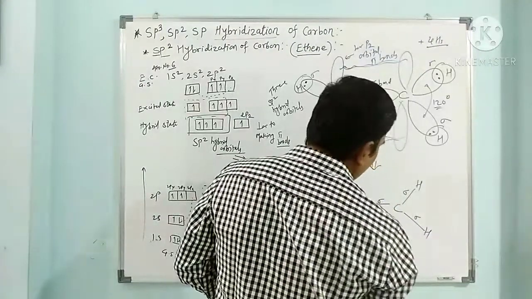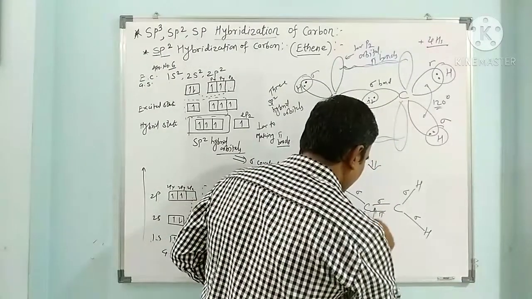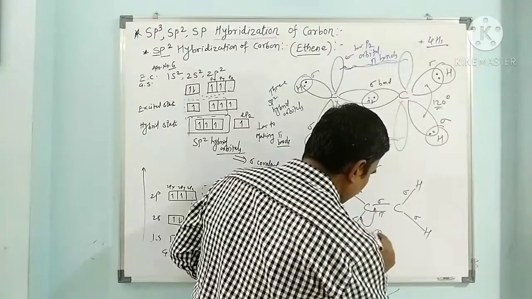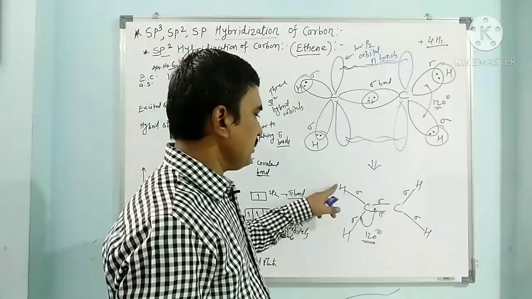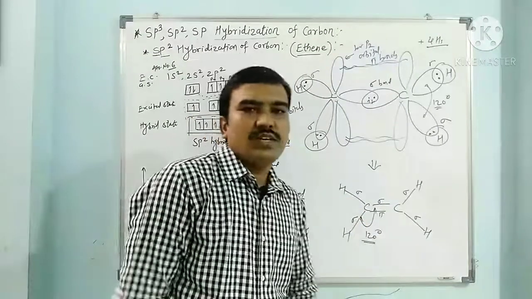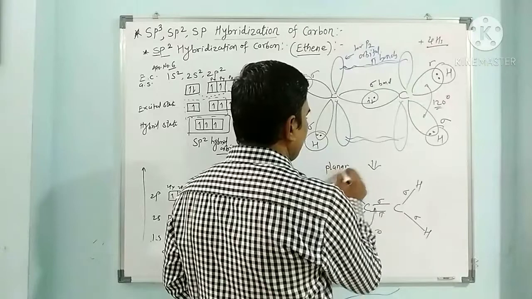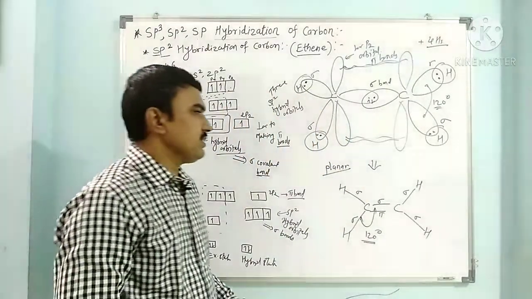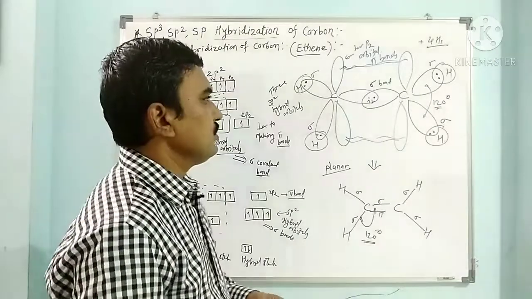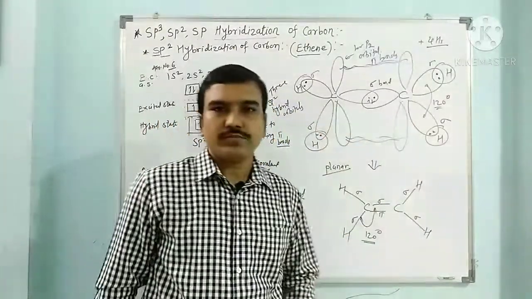The bond angle is 120 degrees in HCC or HCH, and the geometry is trigonal planar. Hybridization is sp2. So this is an unsaturated molecule due to the presence of the pi bond.